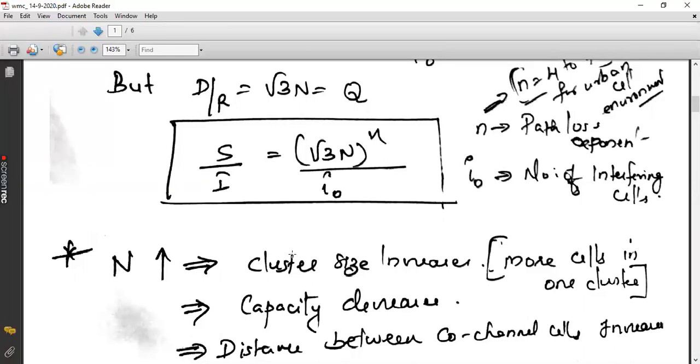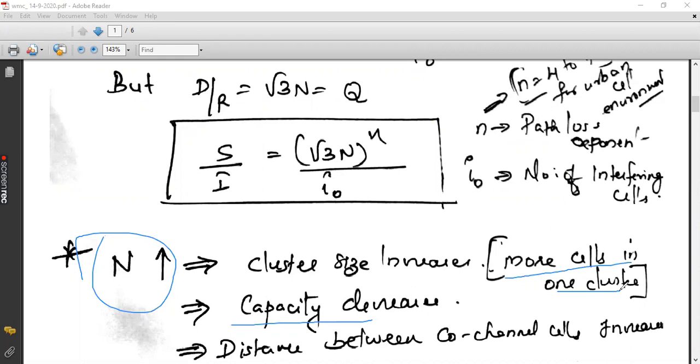But at the same time, the main effect is that capacity decreases. Why does capacity decrease? Because in one cluster itself, there are more cells. More cells means the available number of channels for one cell will decrease. Clear? More cells means the total resources available for one cell will decrease.